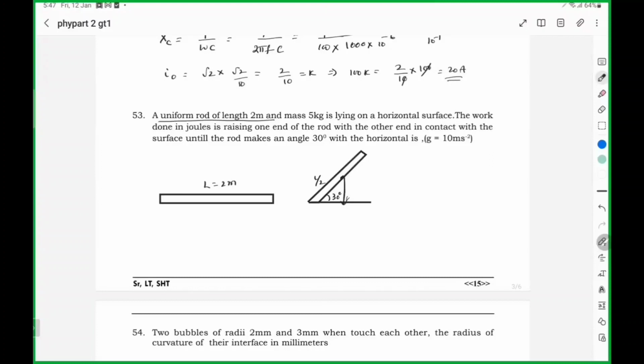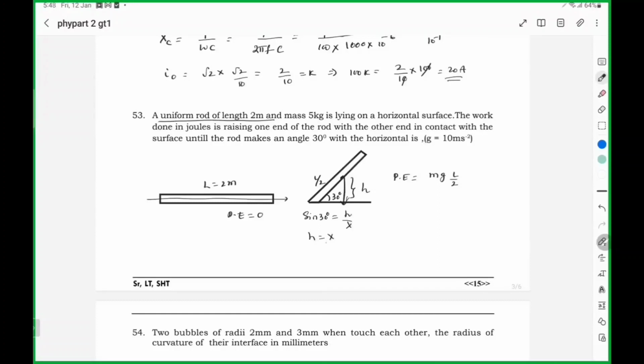So here, if you take the reference axis as this, potential energy is 0. Now here potential energy is mass g into L by 2 into effective height, which is sine 30, h by x.